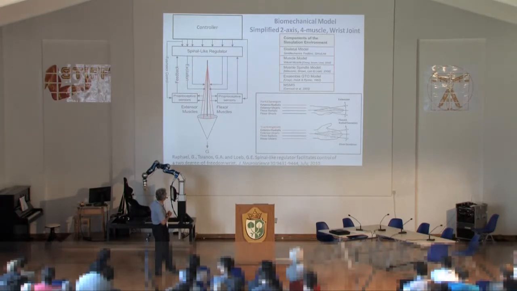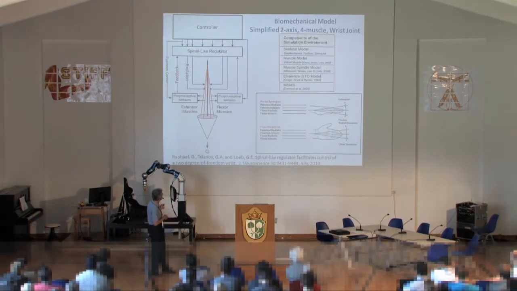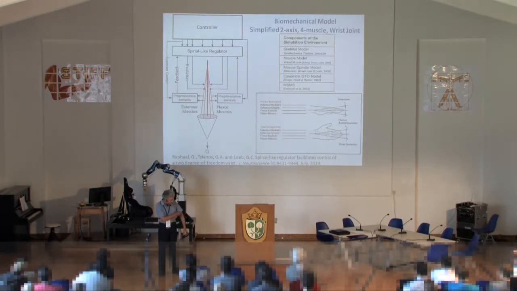So, our first attempt to understand the controllability of the system was to model a very simple system that had at least some interesting complexity, and that is the wrist. You could imagine an idealized version of the wrist in which you have muscles that can produce extension and flexion, and you have muscles that can produce radial and ulnar deviation.